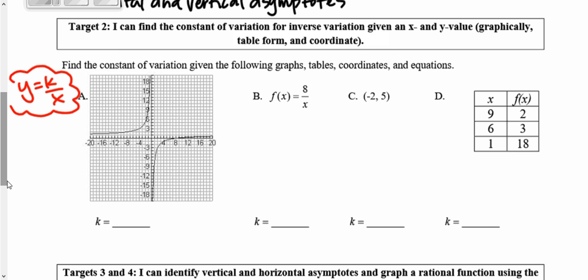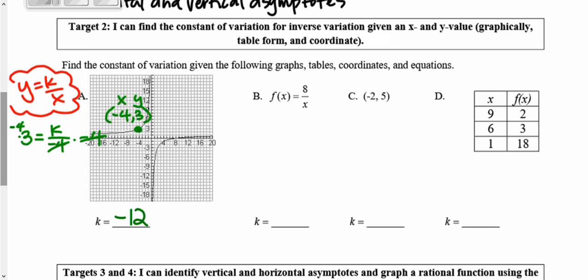So I'm going to pick -4, 3. And you're going to plug the values in for x and y. So in the equation, we have y equals k over -4. And if I want to solve for k, I would multiply both sides by -4. And I would get k equals -12.